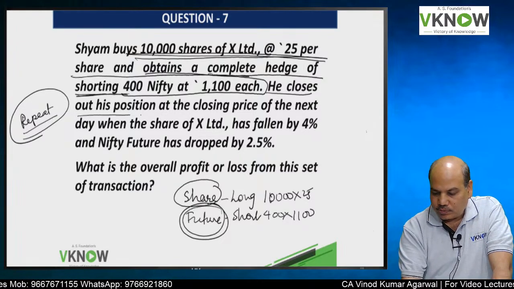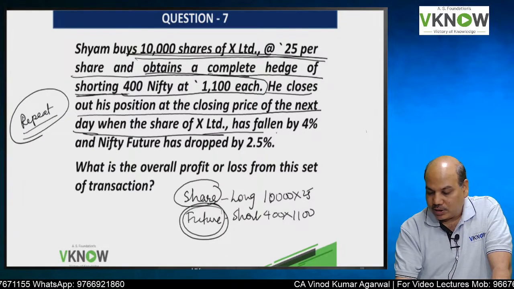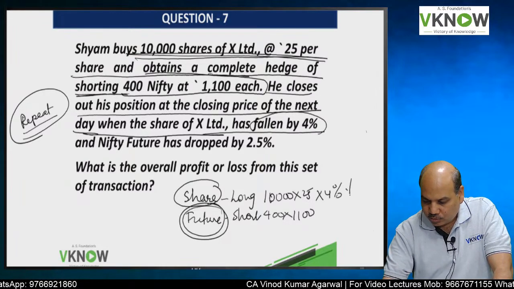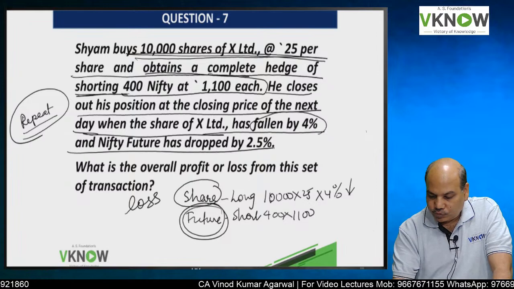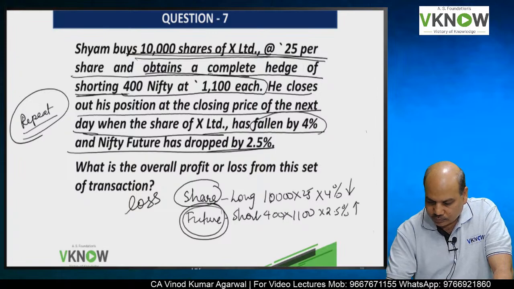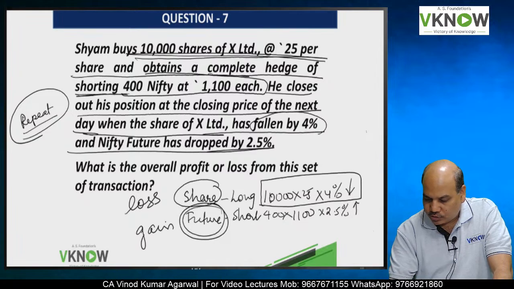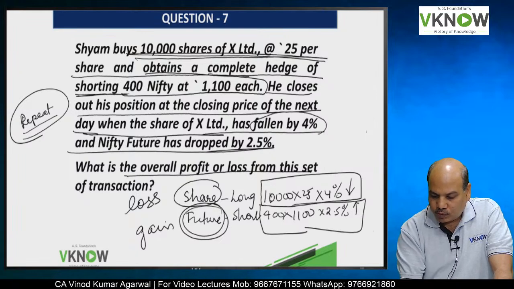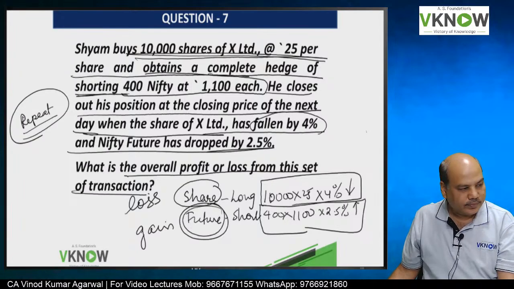He closes out his position at the closing price of the next day when the share of X Limited has fallen by 4%, so loss on share, and Nifty future has dropped by 2.5%, so there will be a gain. So the student will have to calculate loss on share, gain on future, and what is the overall profit or loss from this set of transactions. Very easy question, bonus mark.